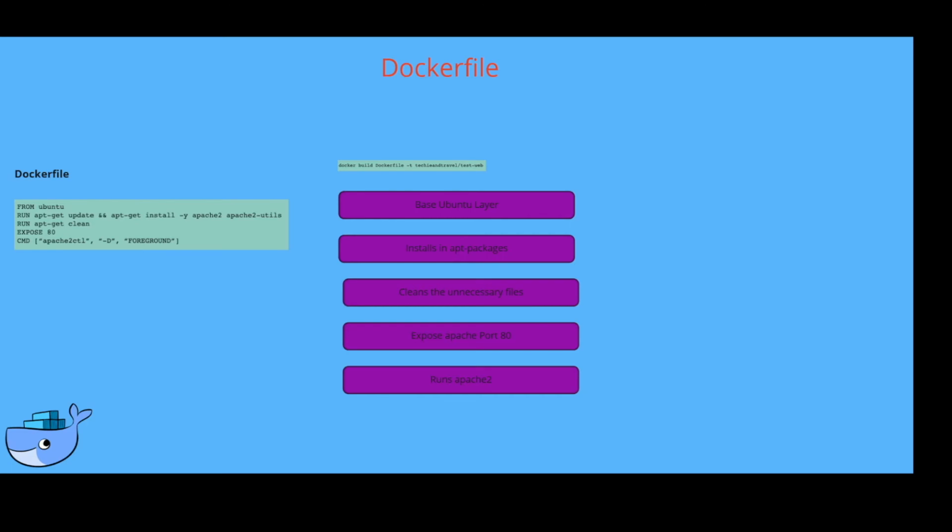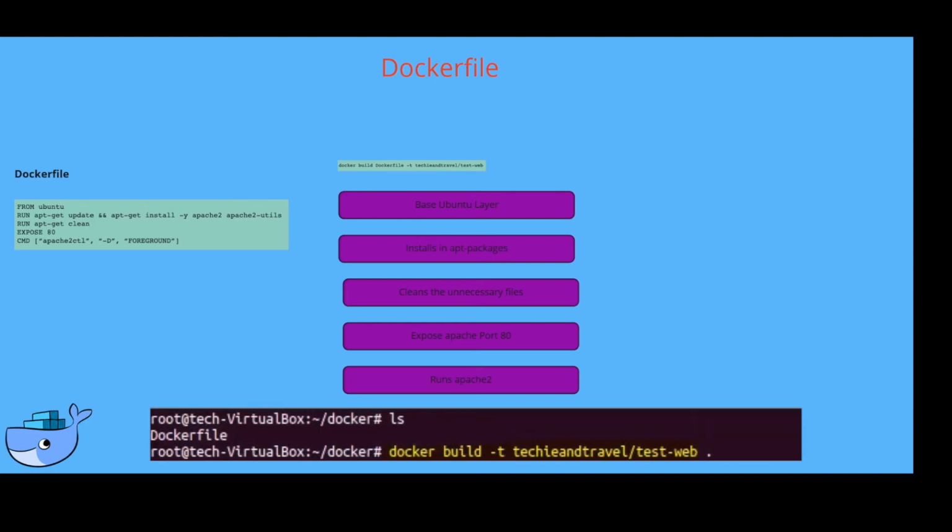As you see in this example, we appended the RUN command instructions together. So the Dockerfile in this example consists of 5 layers, hence you have 5 layers in the Docker image. You can build your image by executing the docker build command with -t as the tag name for the image.